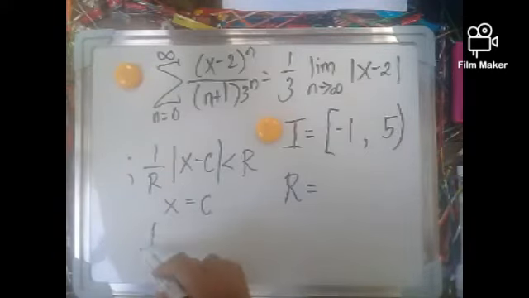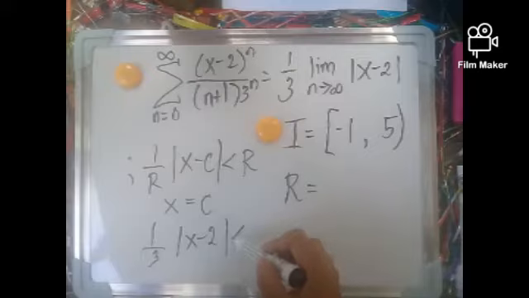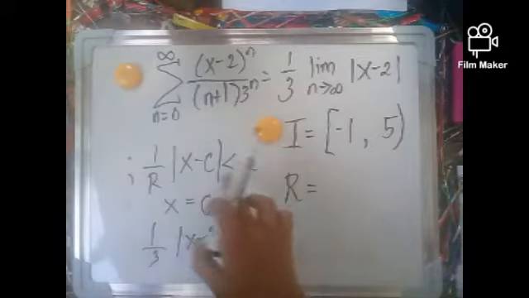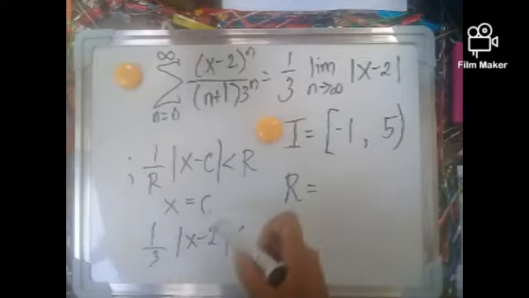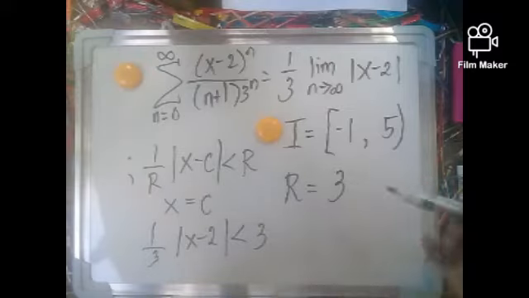So I have here 1 over 3, the absolute value of x minus 2 is less than r, so the value of r is 3, so our radius would be 3.